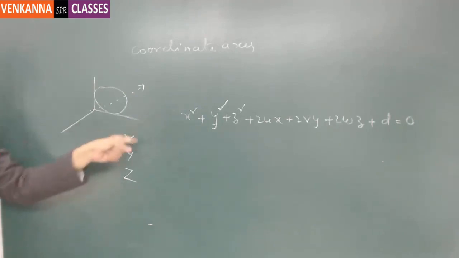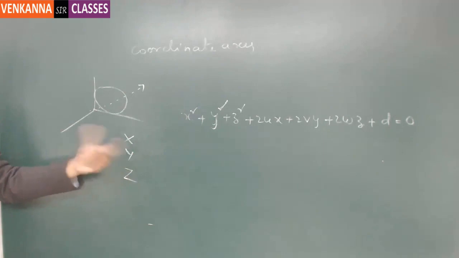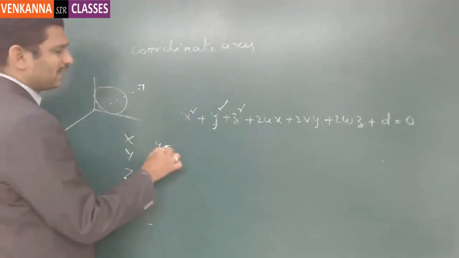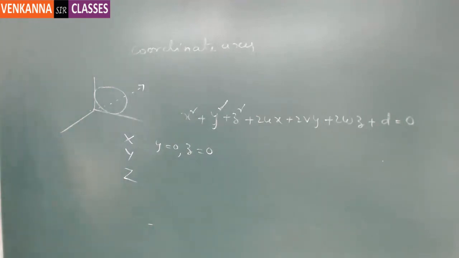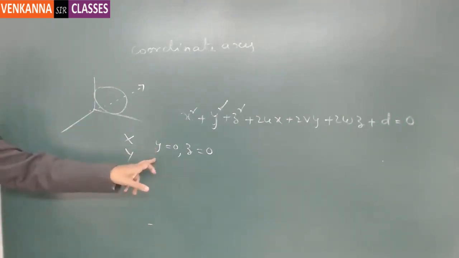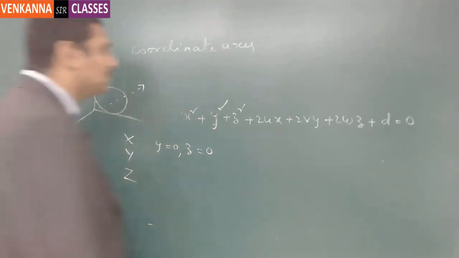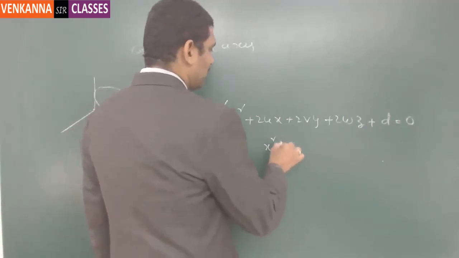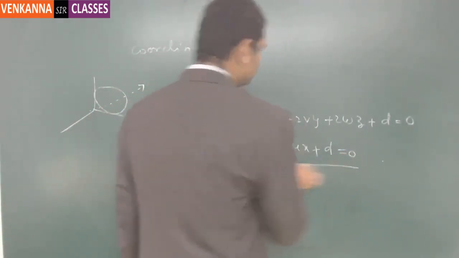Since it touches the x-axis, the equation of the x-axis is nothing but y equal to 0 and z equal to 0. Accepted? Now, if you substitute these values in the given sphere, then you get x square plus 2ux plus d equal to 0.